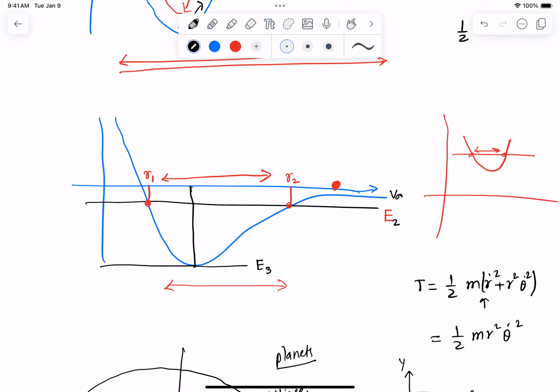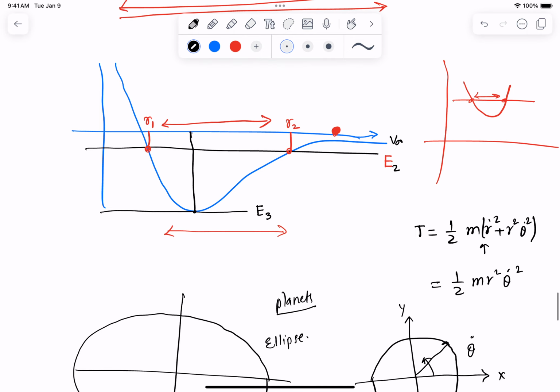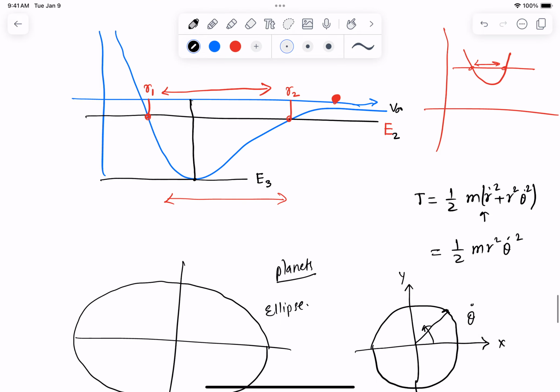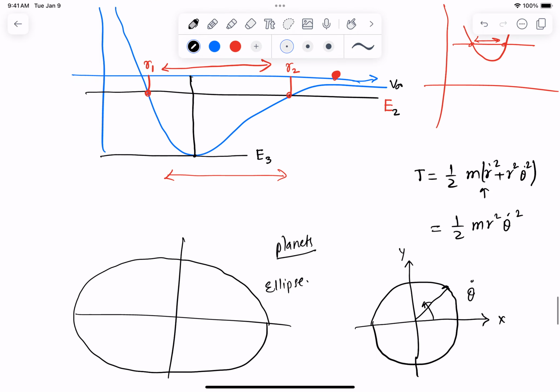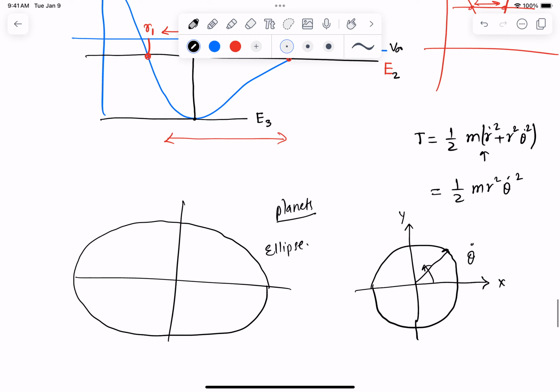This would be like an ellipse if the energy intersects this potential curve at 2 points. But if it intersects only at 1 point, then it will be a circle. Okay, so we'll stop here and we'll talk about under what condition you get an ellipse and a circle in the next lecture.